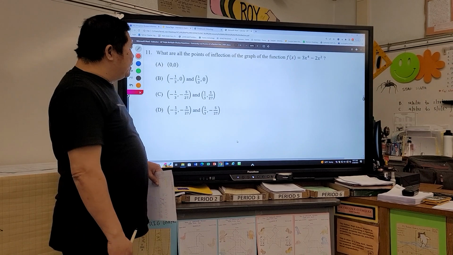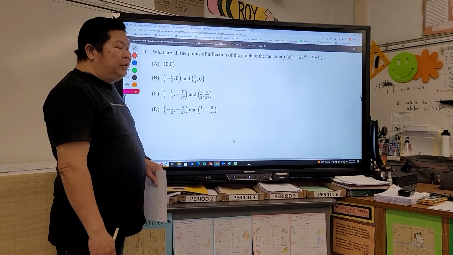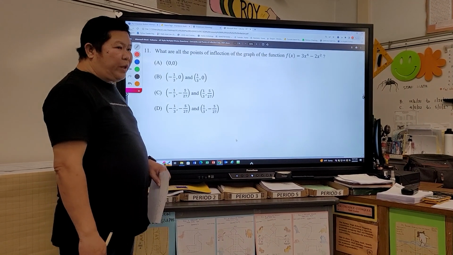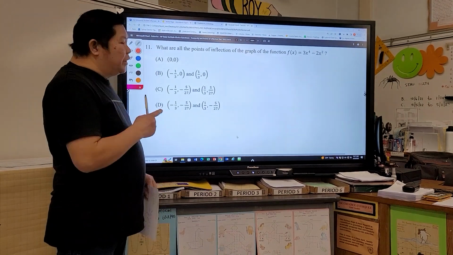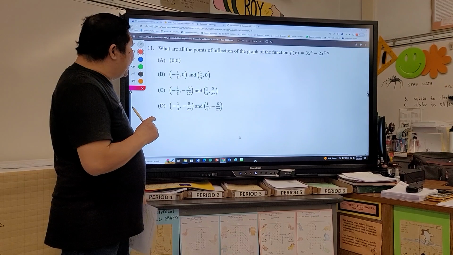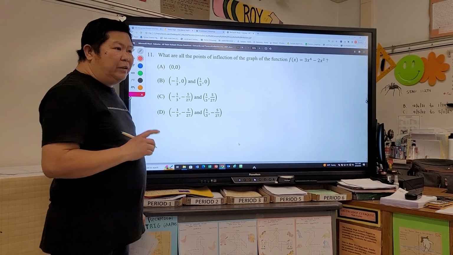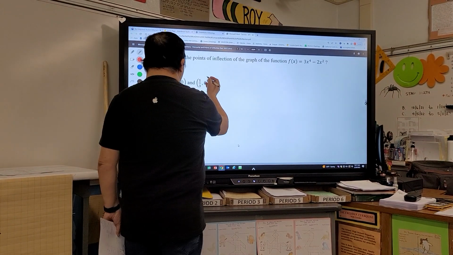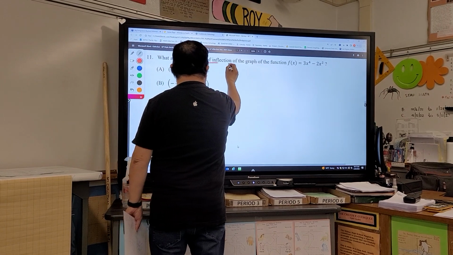So the given function is f of x is equal to 3x to the power of 4 minus 2x squared. So first, we have to take the derivative, right? First derivative. So again, highlight points of inflection.